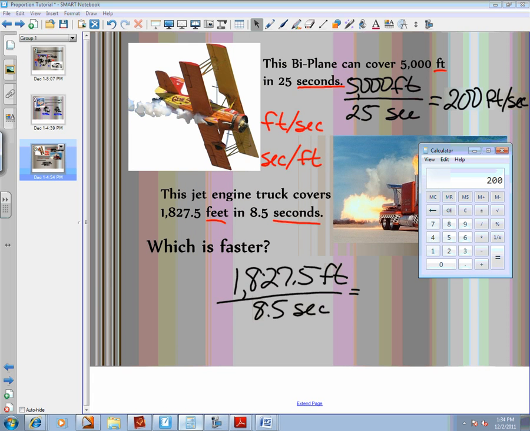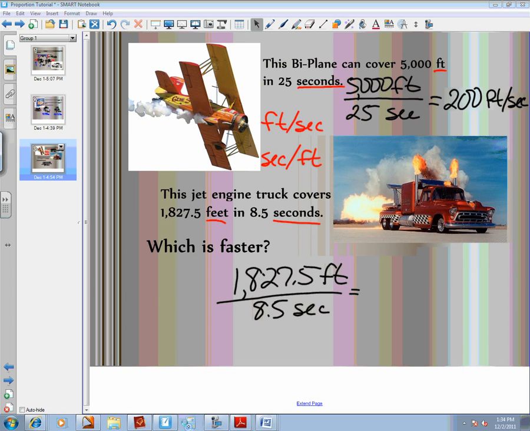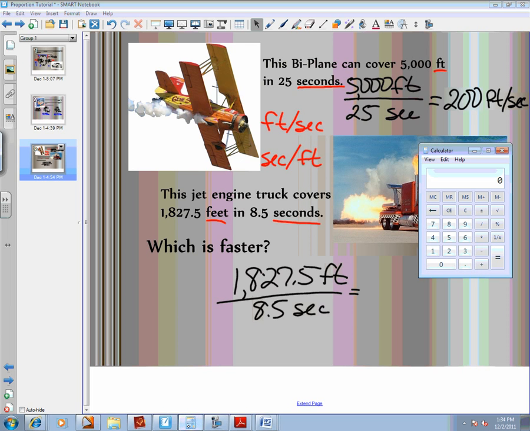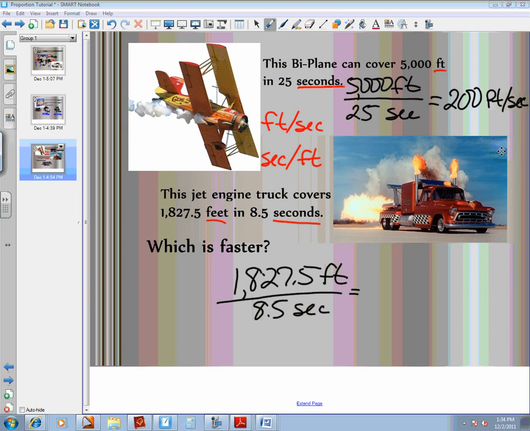Well, how about the jet engine truck? 1827.5 divided by 8.5 equals 215 feet per second.